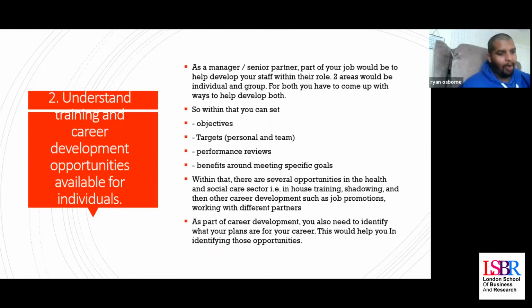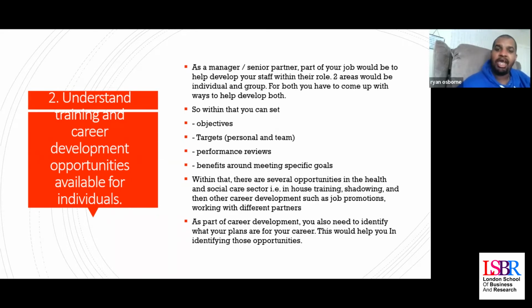One of the things we need to understand is that as a manager or senior partner, part of your job is to help develop your staff within their role. That is something we briefly discussed a few slides before.